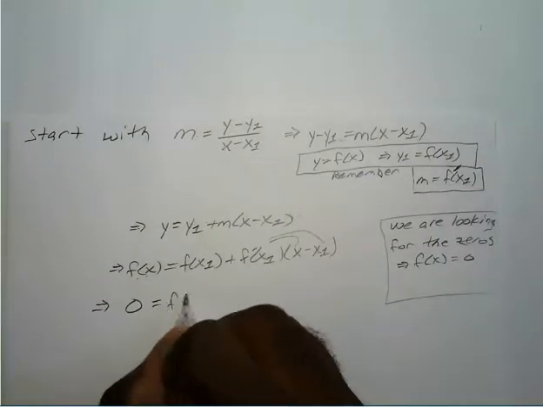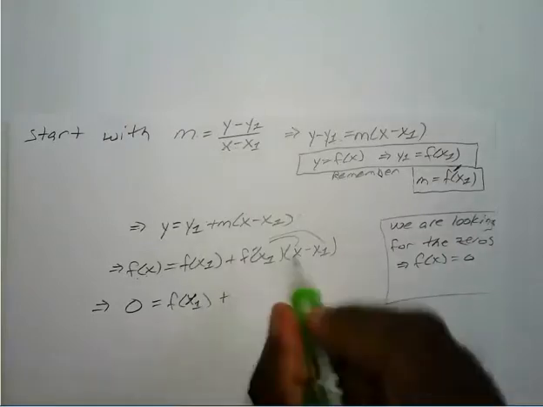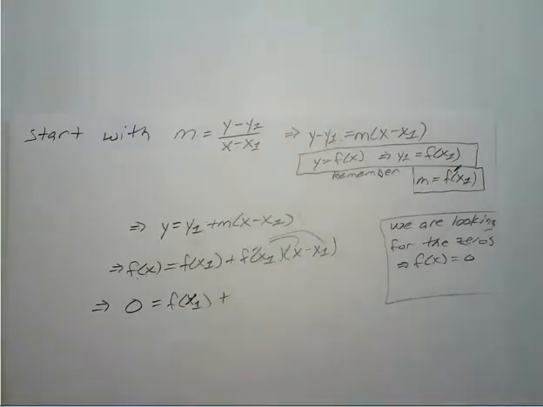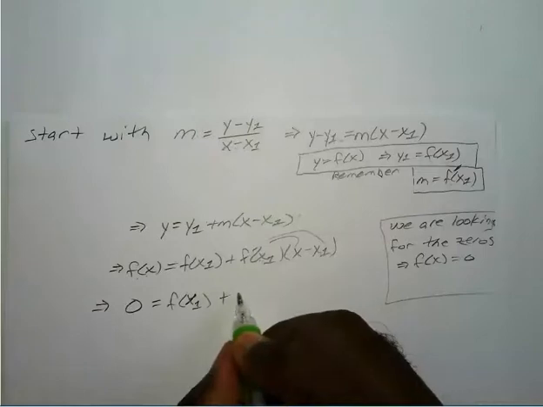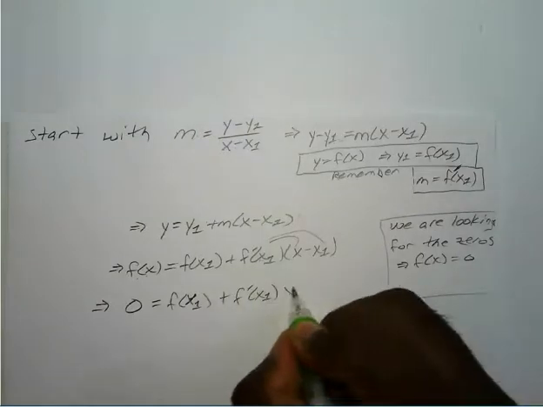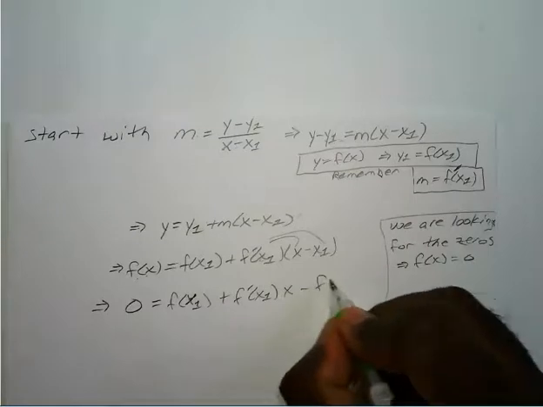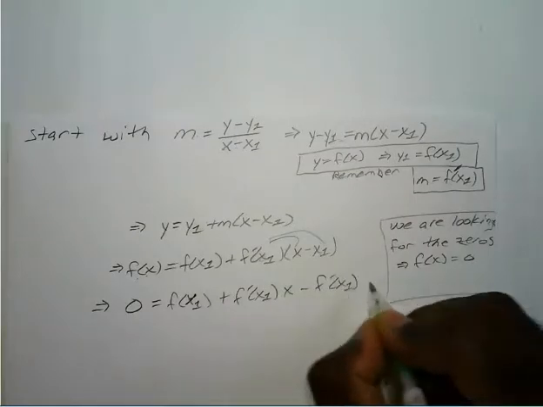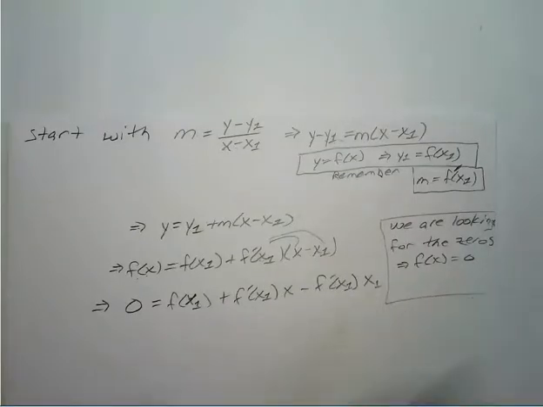So that equals f of x1 plus, and if we distribute that f prime of x1, we have f prime of x1 times x minus f prime of x1 times x1. Okay, so what we're going to do here is solve for x.